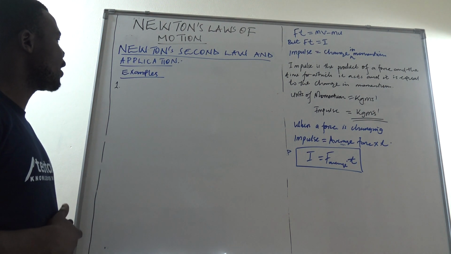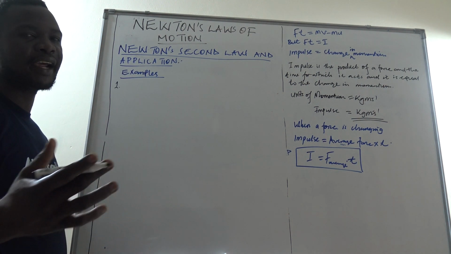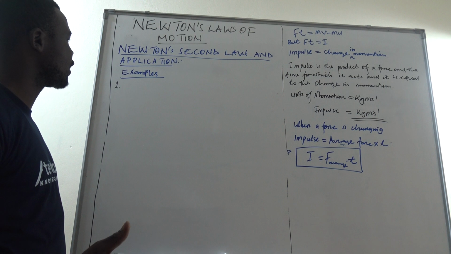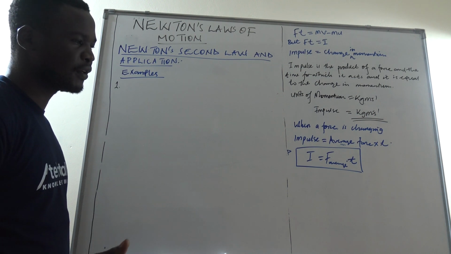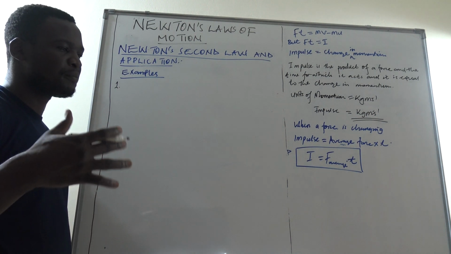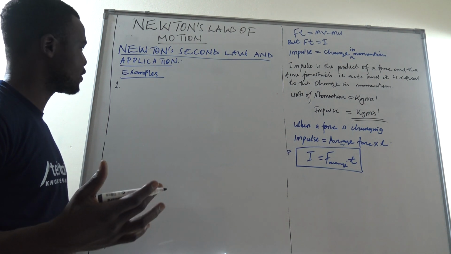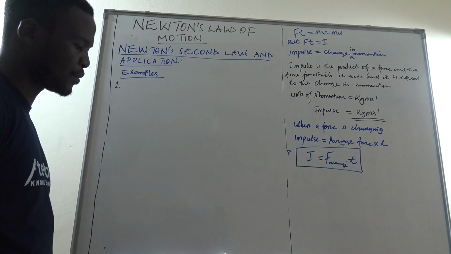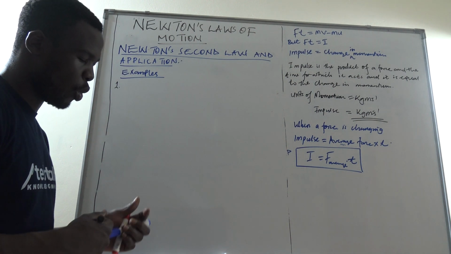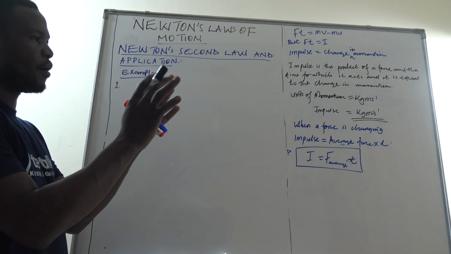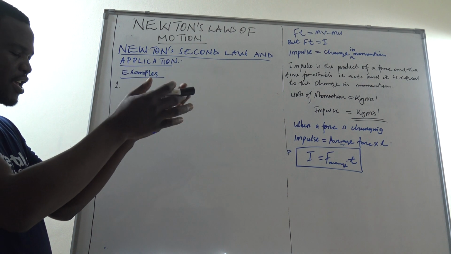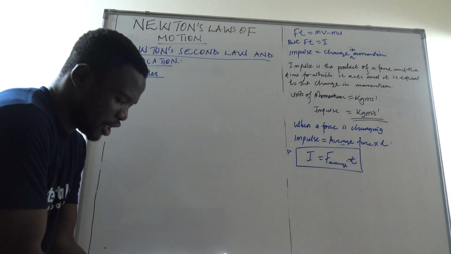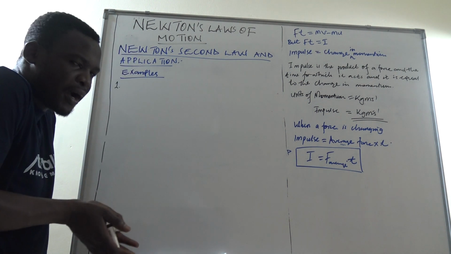Now, one of the things explained by Newton's second law is that when people are playing cricket and trying to catch the ball, they catch it in a way that they push their hands backwards.